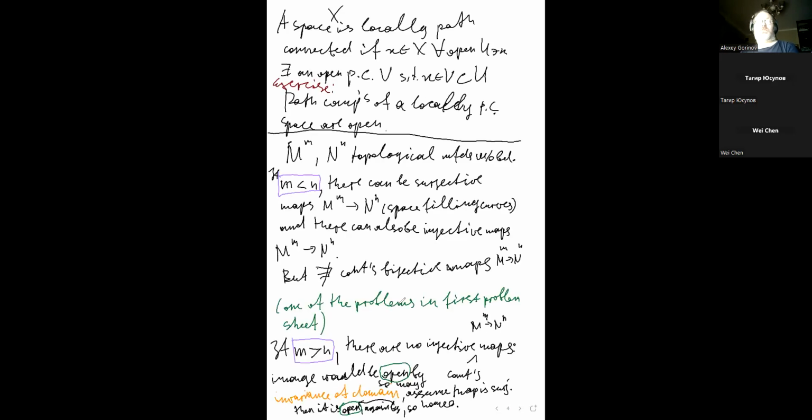Okay. By the way, we've just talked a little about topological manifolds and when exactly we may have non-obvious maps between manifolds of different dimensions.